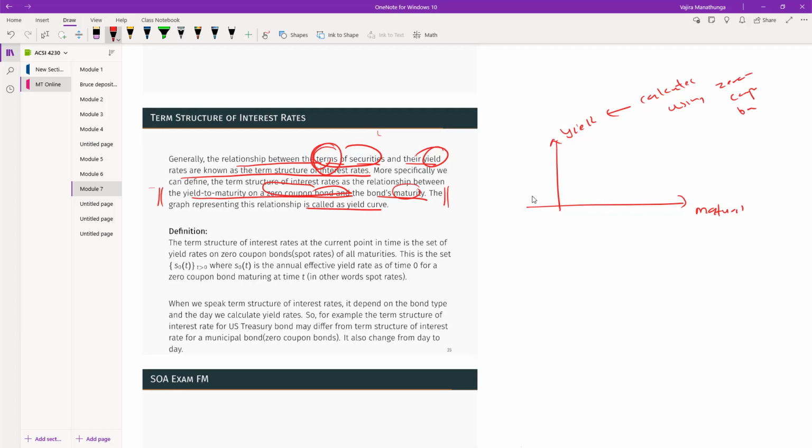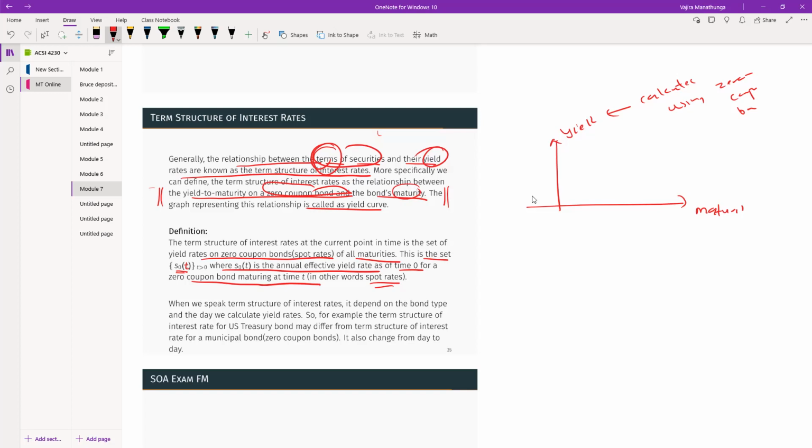The term structure of interest rate at the current point in time is a set of yield rates on zero coupon bonds of all maturities. This is a set. So S_t is the spot rate, t is the time to maturity, and S_t is the annual effective yield rate at time zero for a zero coupon bond maturing at time t. In other words, spot rate. So when we speak of term structure of interest rate, it depends on the bond type and the day we calculate yield rate.